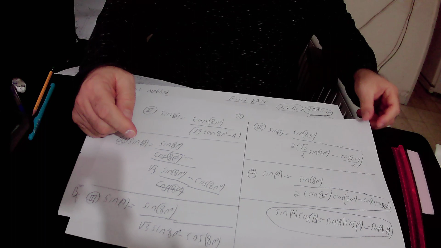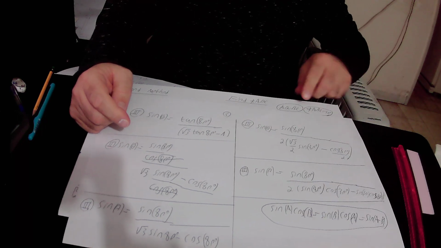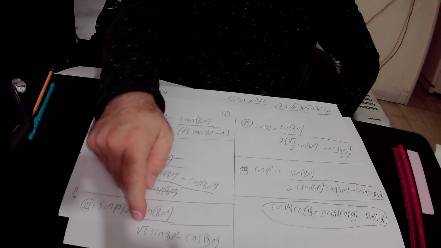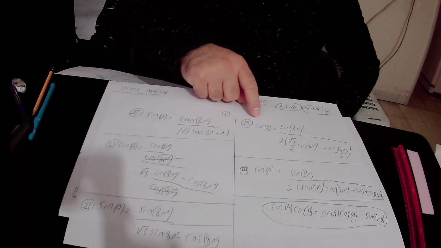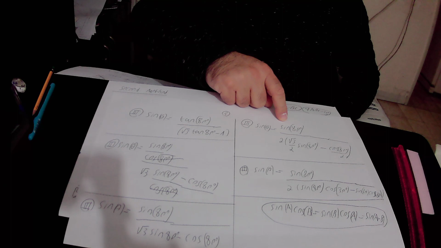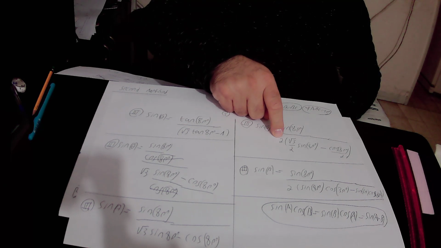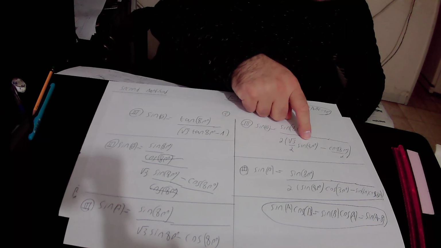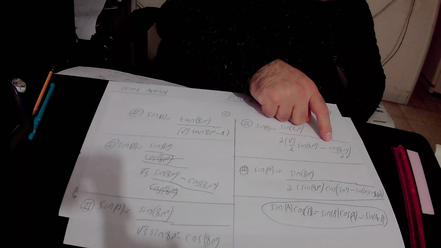Okay, so here we multiplied the denominator by 2, and then we divided by 2, and we got that sine theta equals sine 80 degrees over square root of 3 over 2 times sine 80 degrees minus cosine 80 degrees over 2, all times 2.